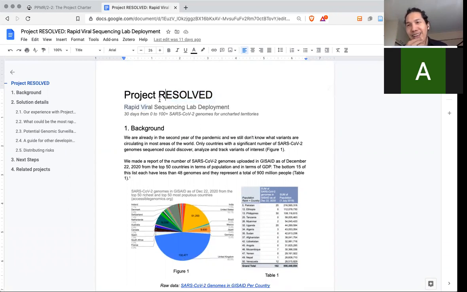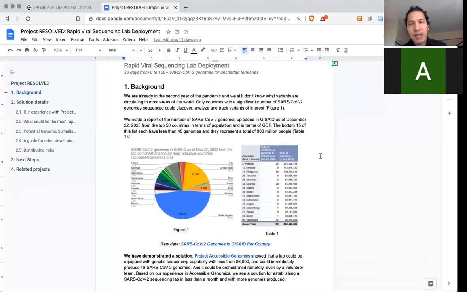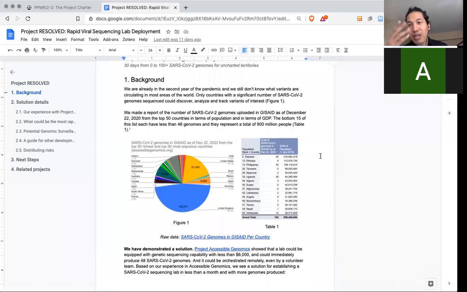But right now I don't hear people using it. So this might become Project Accessible Genomics Part 2. That might be the easier name to remember. So I might go with that, Part 2 of Project Accessible Genomics, because we already have some traction with that name.